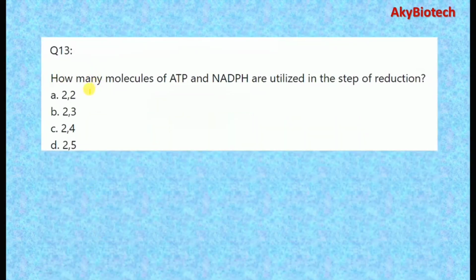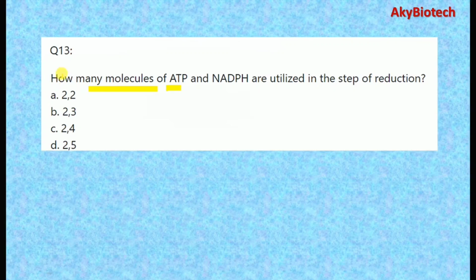Number 13. How many molecules of ATP? All these questions related to how many molecules of ATP, NADPH, or how many molecules of 3-phosphoglyceraldehyde, you have to be very clear and kindly be clear with the cycle as well, so that you are able to answer all these questions in one go.